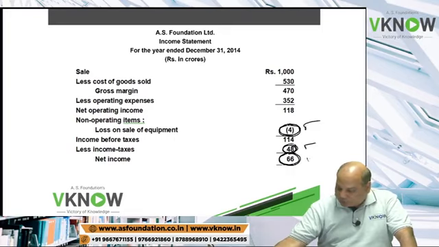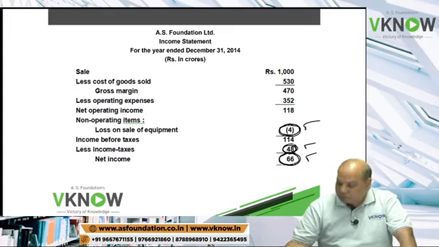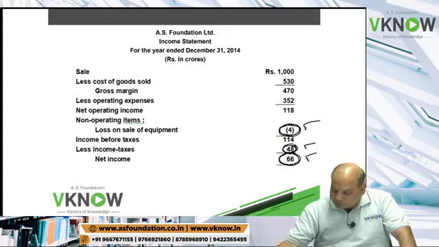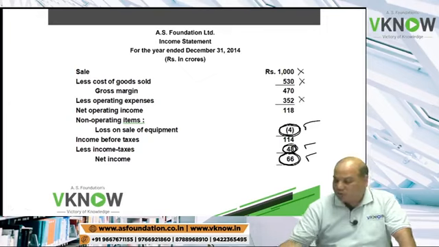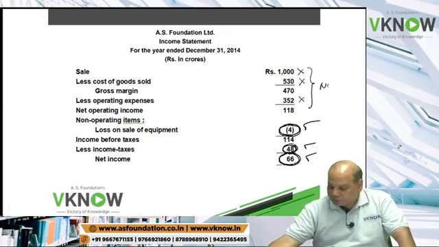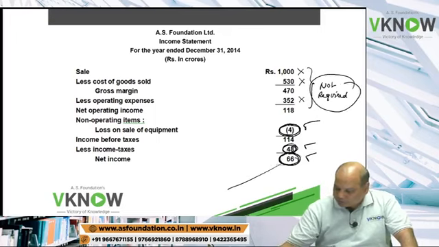So these 3 figures I will require from P&L account. But what about sales, cost of goods sold, operating expense? Sales, cost of goods sold, operating expense will not be required. Then you will ask, why not required? Because I am taking profit figure.